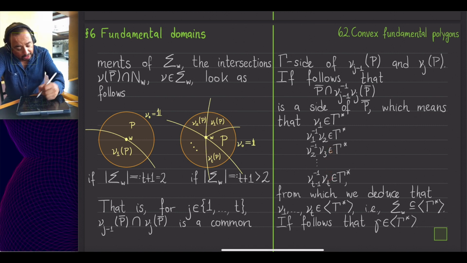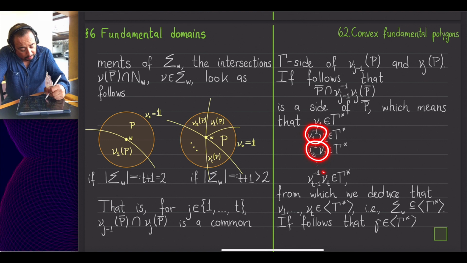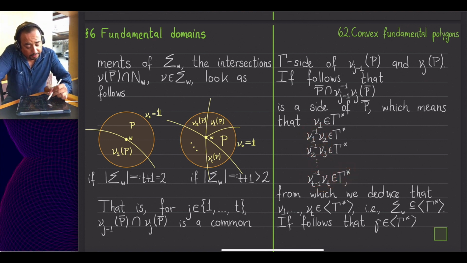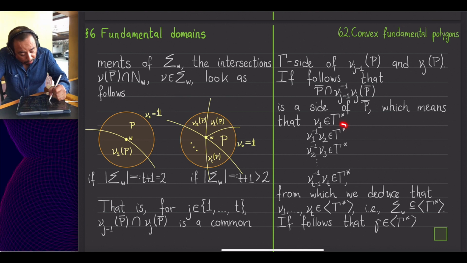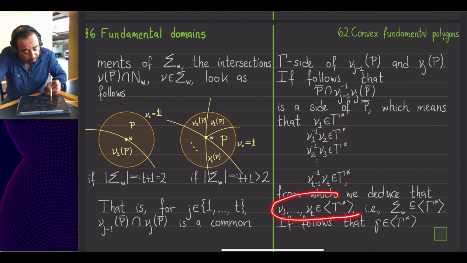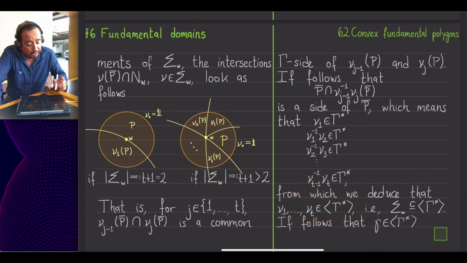So all these compositions are in gamma star, and from the fact that nu 1 is in gamma star, I see that then nu 2 is in gamma star, nu 3 is in gamma star, etc. Nu t is in gamma star. So all of these are, sorry, not in gamma star, but in the subgroup generated by gamma star.